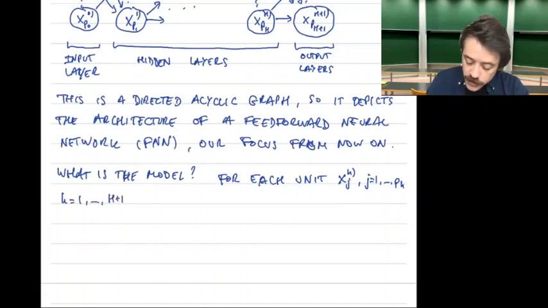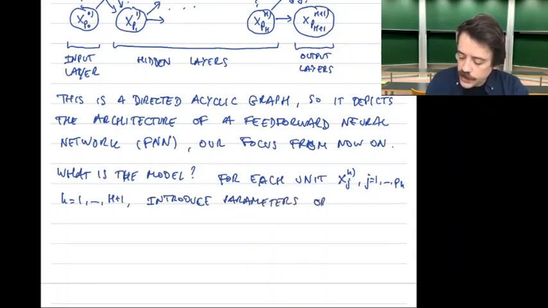So I'm also not including the input layer. We're going to introduce parameters, which in the context of artificial neural networks are called weights.